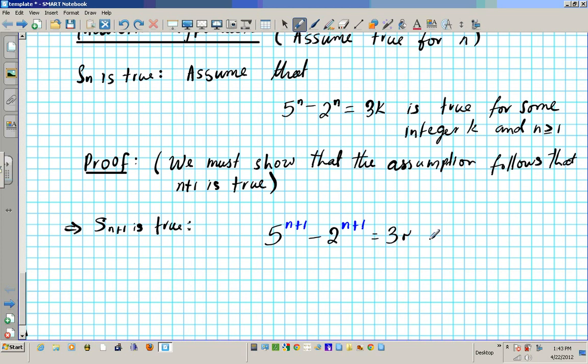For some integer r, and you know what the business is with n, right? N is bigger than or equal to 1. All right. So now we have this. Okay, we need to show that this is true. If we can show that this is true using this somewhere in our whole process, then we're done.